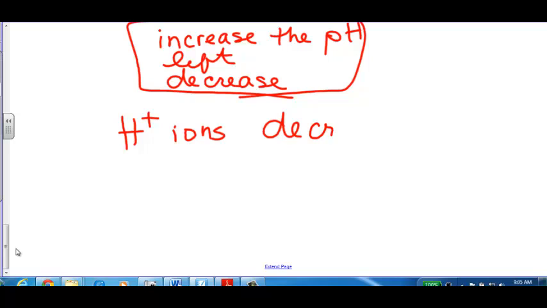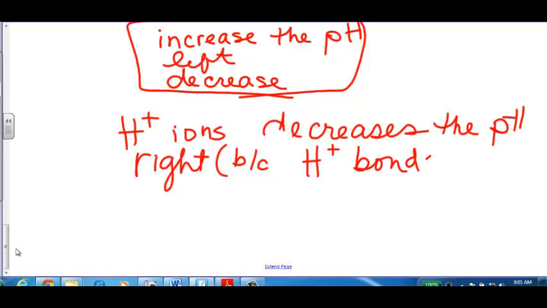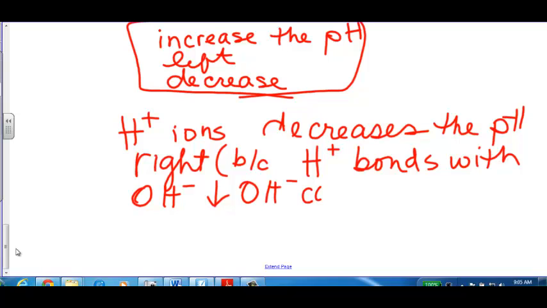decreases the pH and shifts the equilibrium to the right because H plus bonds with OH minus, decreasing the OH minus concentration.